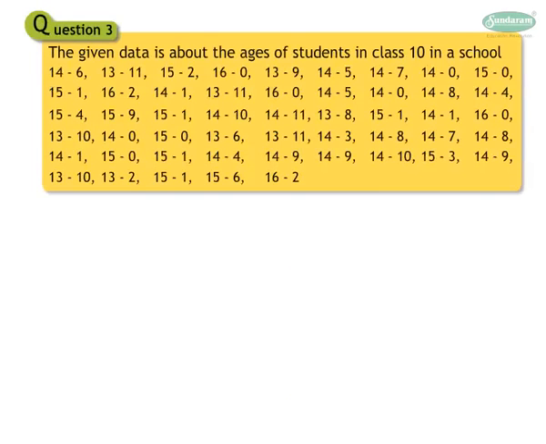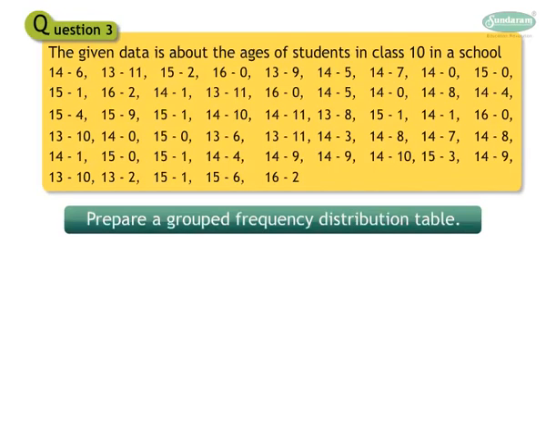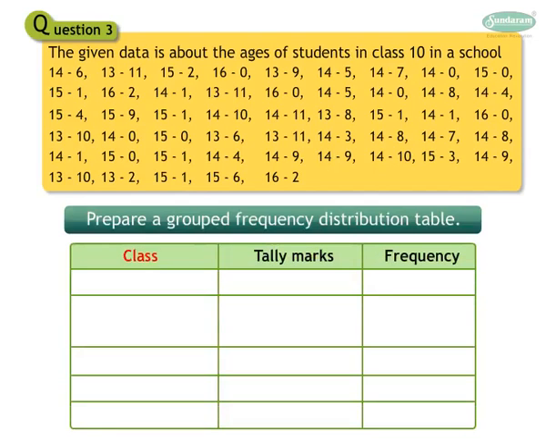Question 3. The given data is about the ages of students in class 10 in a school. We are asked to prepare a grouped frequency distribution table. Give class as heading to the first column.